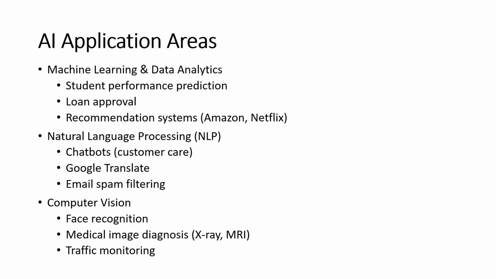First one is machine learning and data analytics, where AI systems learn patterns from data and make predictions and classifications. For example, student performance prediction, loan approval in financial institutions, then recommendation systems like Amazon, Netflix, etc. Next application area is natural language processing, NLP, understanding human language, text and speech.